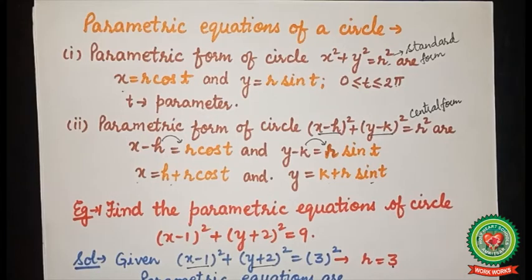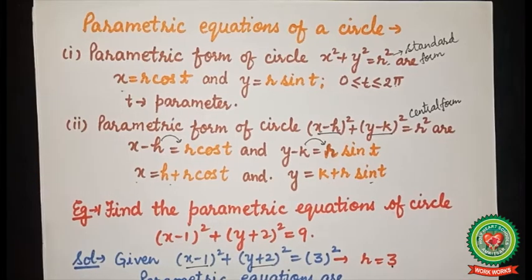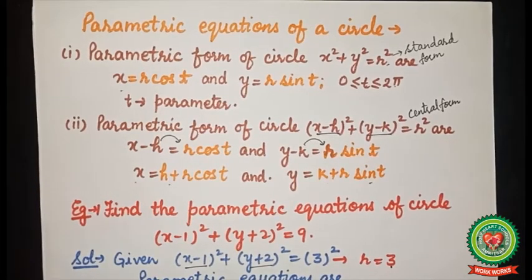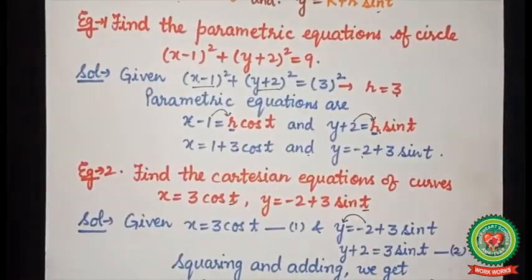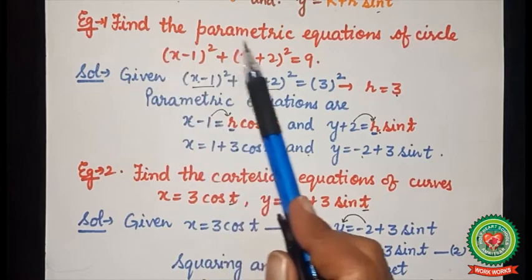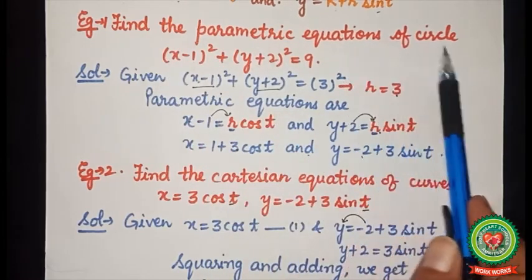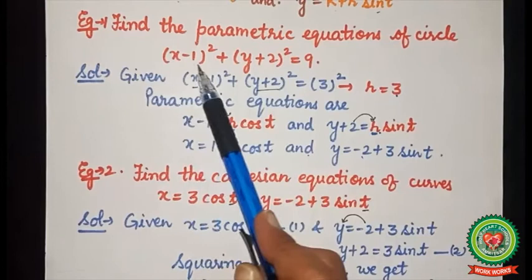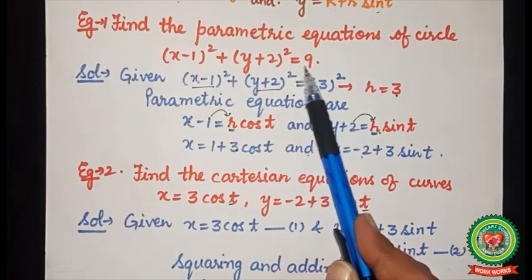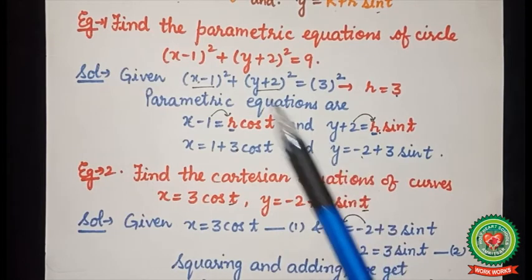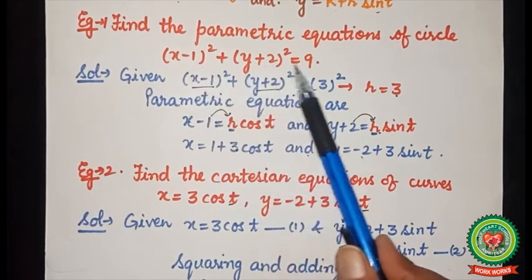Now, let's do example based on it for the better understanding of this type. First example is find the parametric equations of circle x minus 1 whole square plus y plus 2 whole square is equal to 9. Now here central form is given.